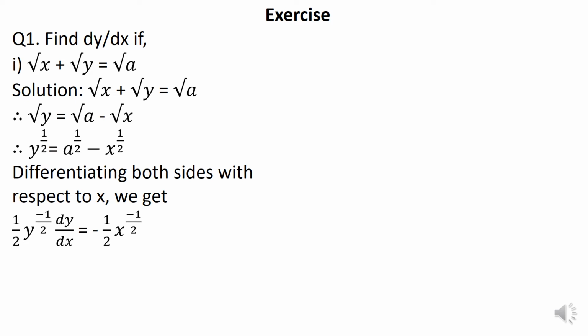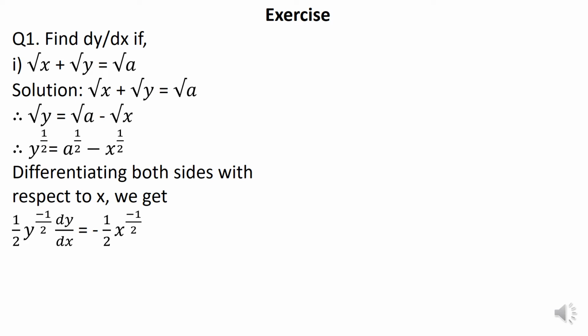So y raised to half becomes half into y raised to half minus 1. And half minus 1 is minus 1 upon 2. Thus, half y raised to minus 1 upon 2 we get as the differentiation, also into dy by dx, because you must remember that we are differentiating with respect to x.